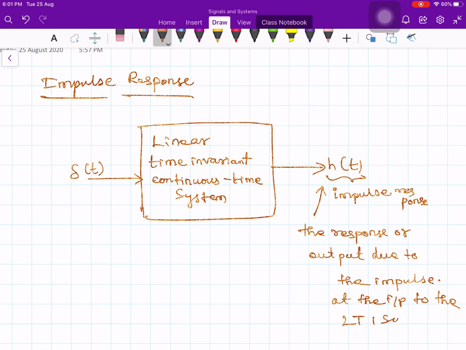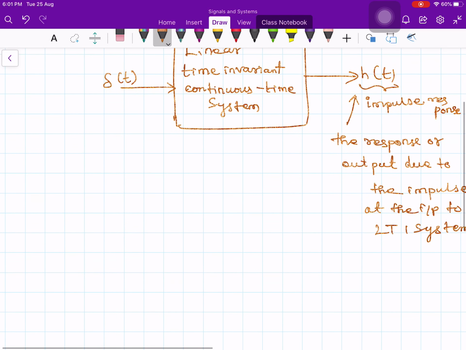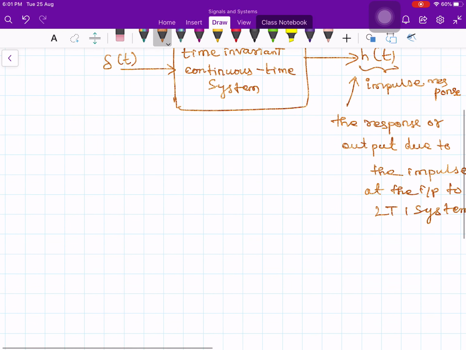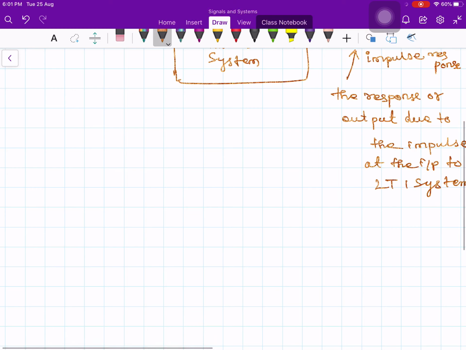And we also assume that in our discussion this is a system with zero initial condition.